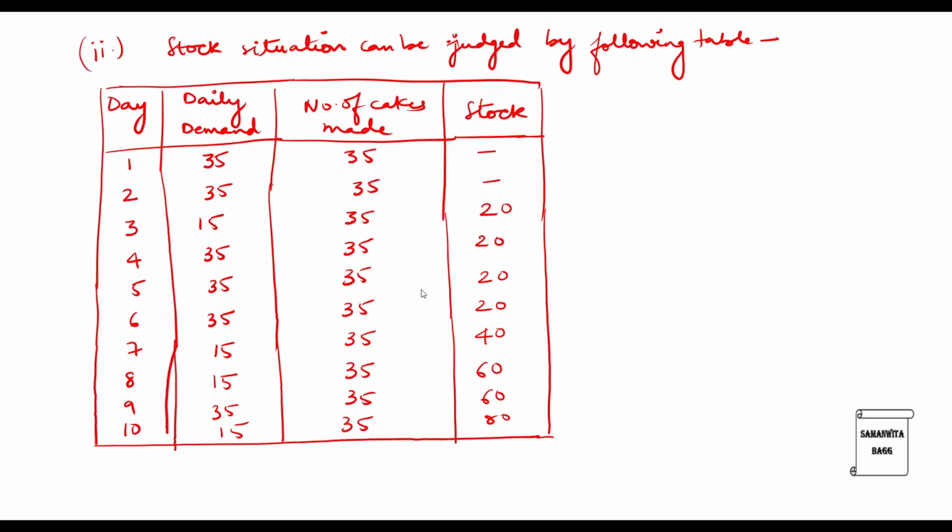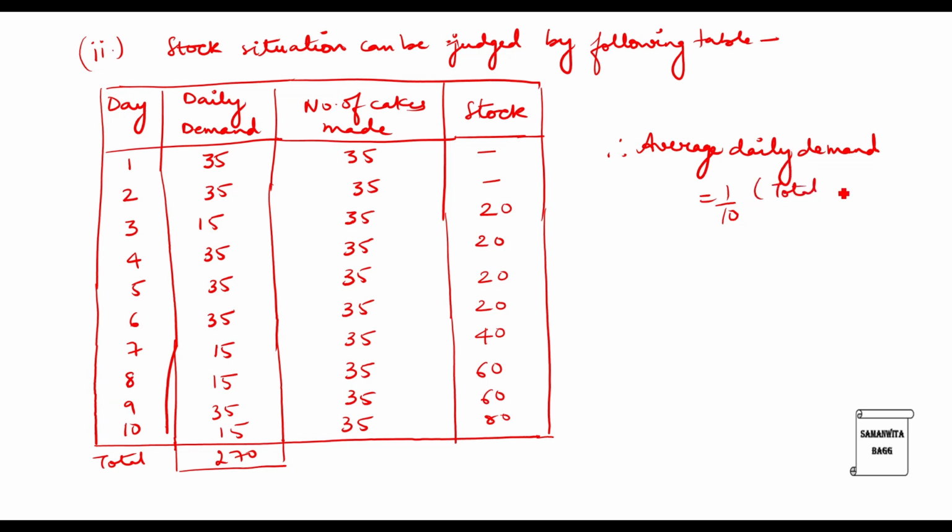So if you look at the total demand that has been generated, the daily demand, this total value, if you add, this turns out to be 270. So therefore, I can write down the average daily demand will be nothing but 1 upon 10, that is number of days, into the total demand that has been created for 10 days.